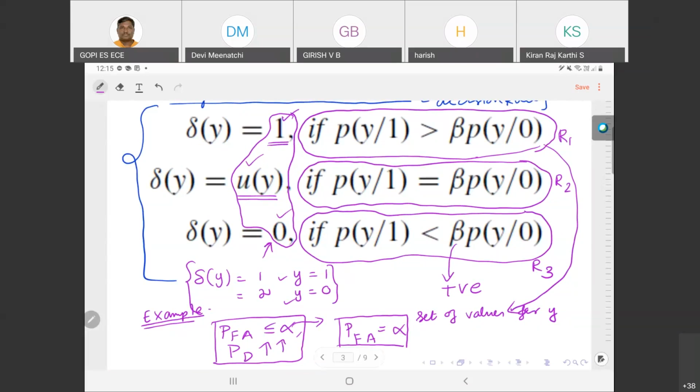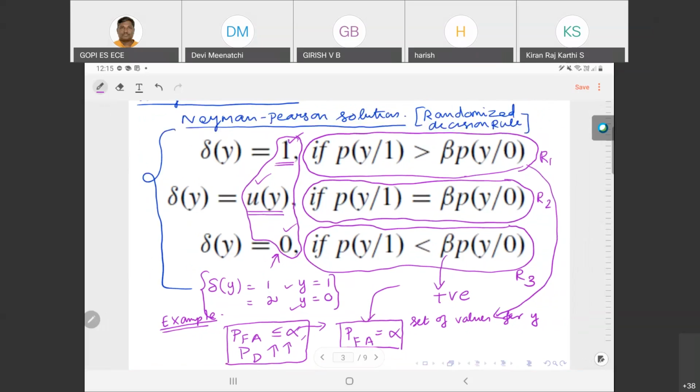If I try to reduce this probability of false alarm, then you will not get probability of detection to be greater. So we have to restrict the probability of false alarm exactly equal to alpha, and for that only we get a solution, which is of the randomized decision rule. And this is about this Neyman-Pearson technique.